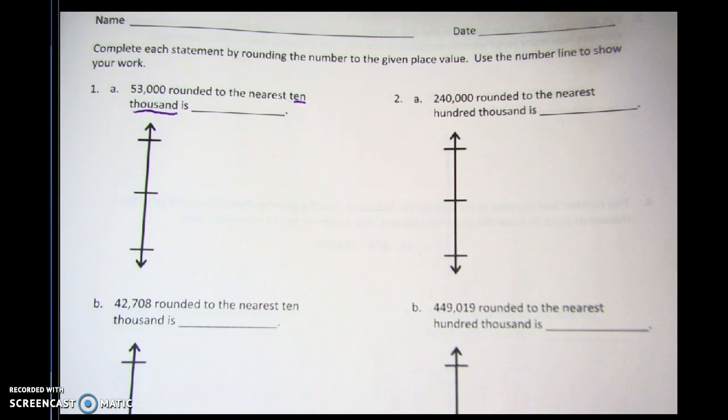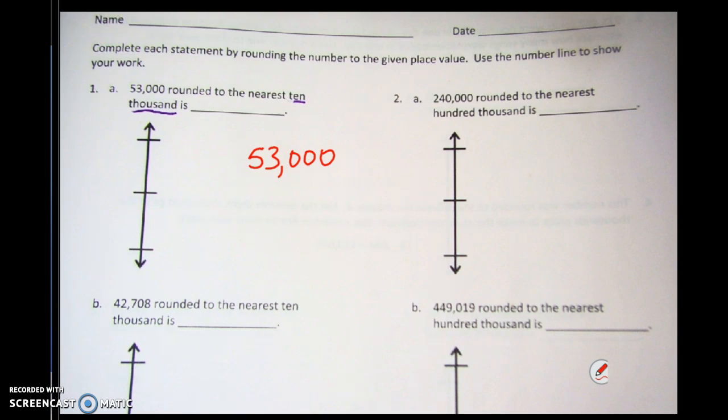Now, my strategy before was that I would look at my place value, and instead of underlining it over here on the number, I'm going to rewrite it out to the side, 53,000. I do that just because the number written down is a lot smaller, and it's easy to lose track.